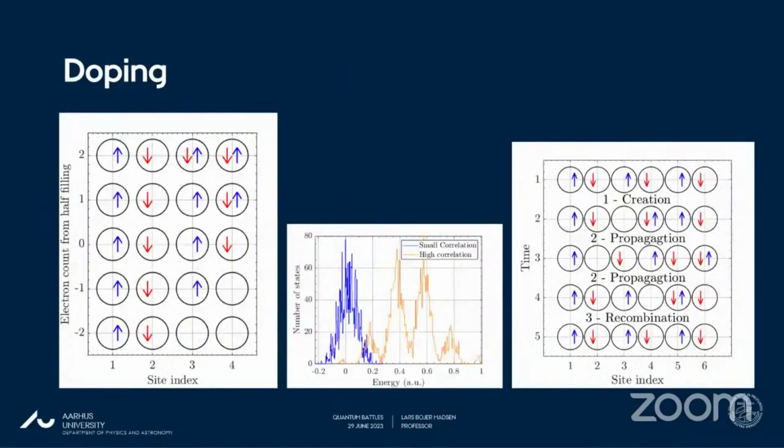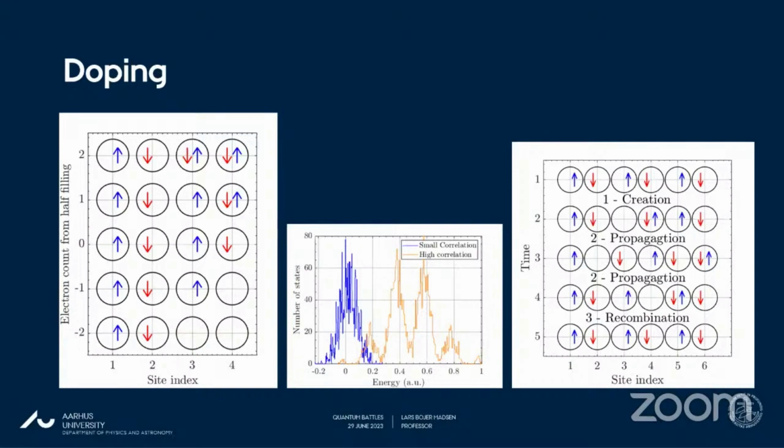And now we have, on the poster, this one with the doping. The standard setting for this Fermi-Hubbard model is that you have, say, L sites, and then you put L electrons into it. This means you can put one electron on each ion. That's the normal situation, but you could dope the system.